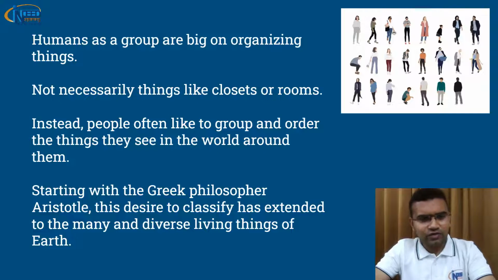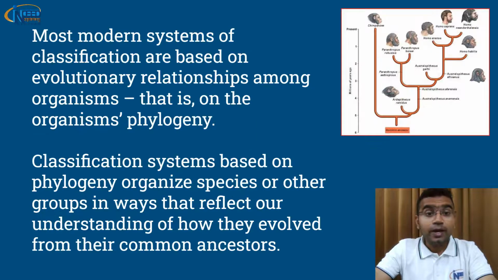Starting with the Greek philosopher Aristotle, this desire to classify has extended to many diverse living things on earth. Most modern systems of classification are based on evolutionary relationships among organisms, that is, on the organism's phylogeny.